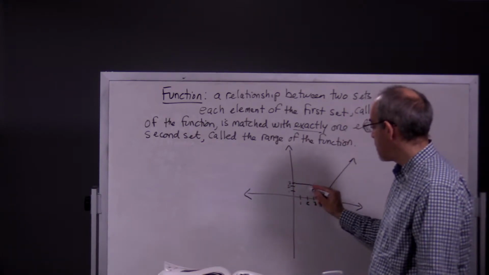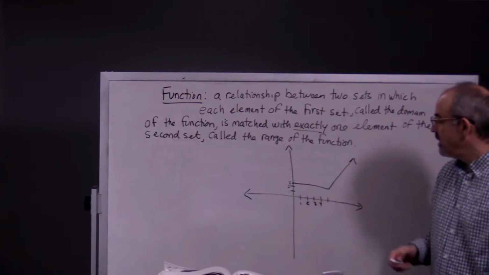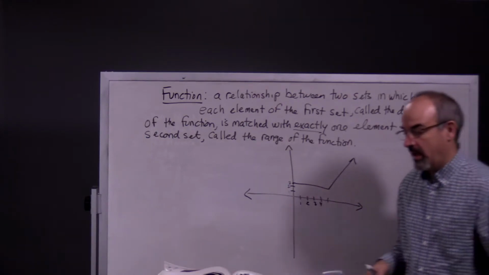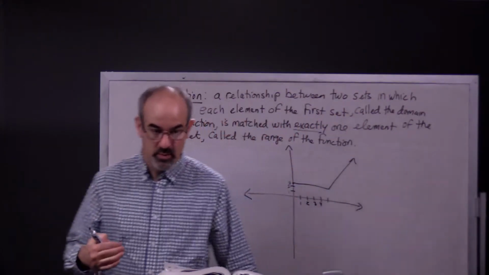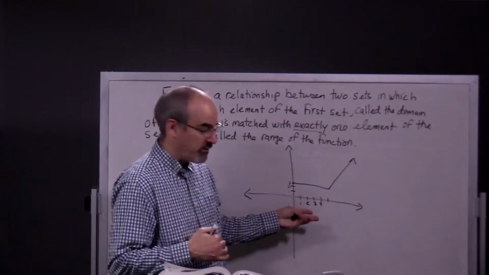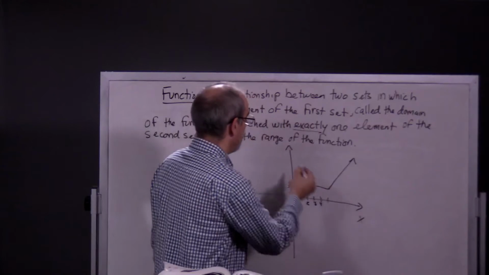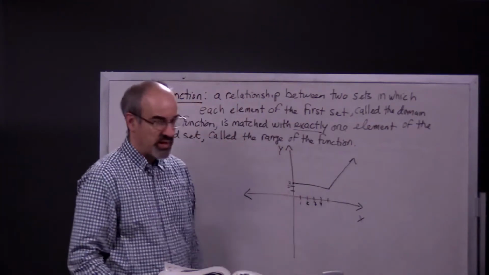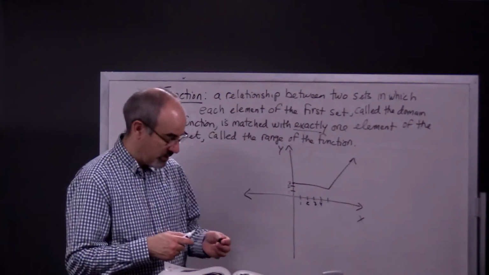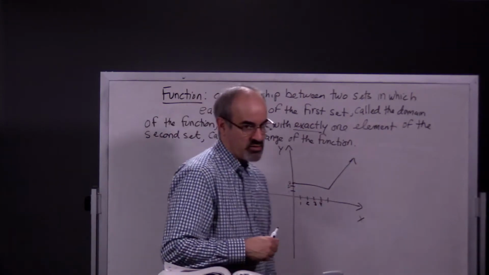Well, it's 3. Well, what about when x is 3? It's still 3. Okay, you can tell me what it is. Every element of the first set, which is the x values, is matched with exactly one element of the second set. Okay, so when x is 4, y is also 3.